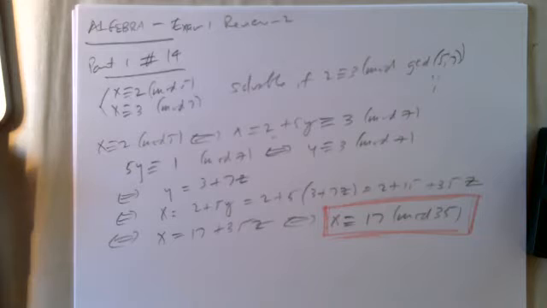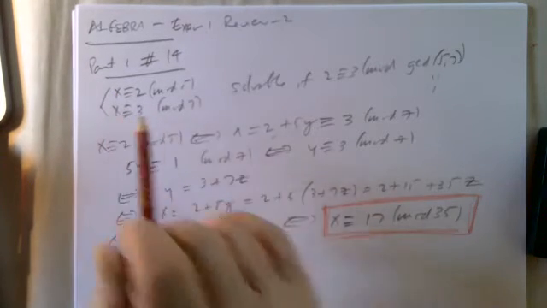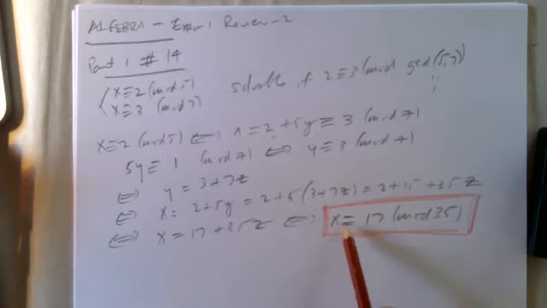Oh, I see now. But for this part, I think they were asking for multiple solutions, right? Yes, find all integer solutions. So all integer solutions of this set of congruences are all integers x congruent to 17 mod 35.